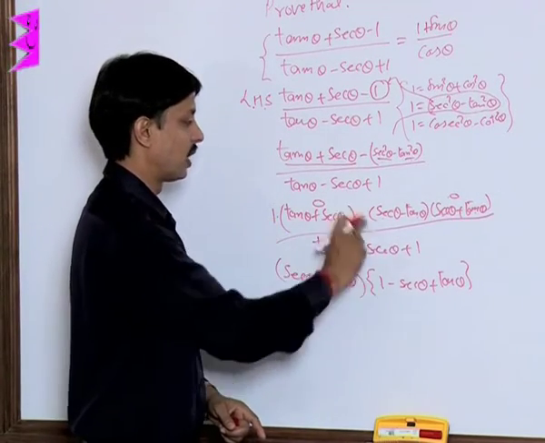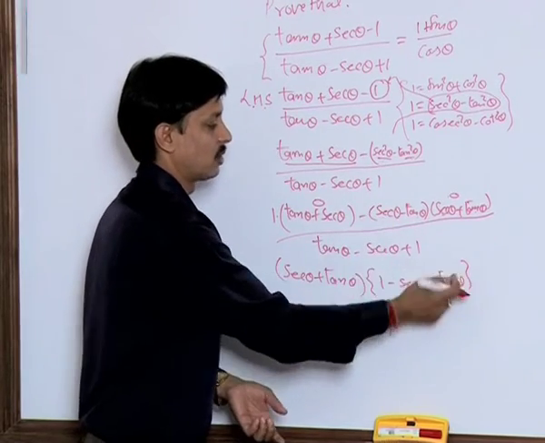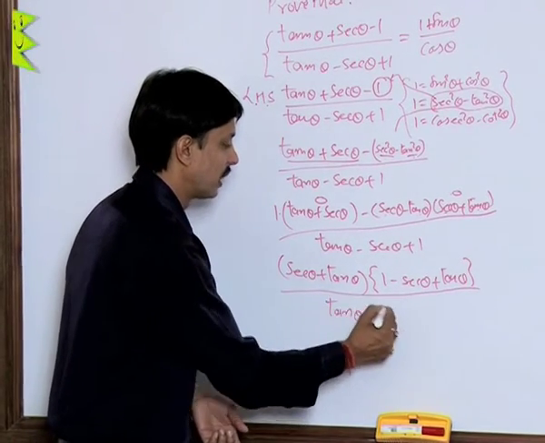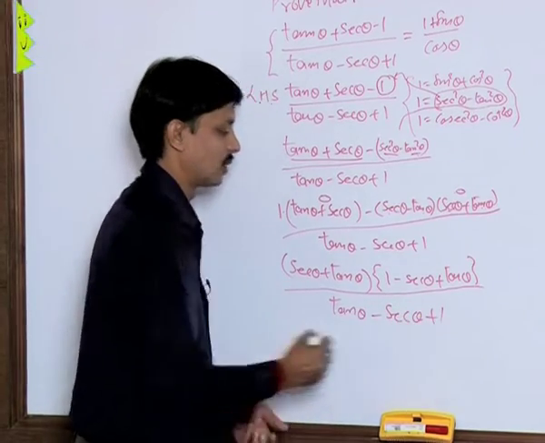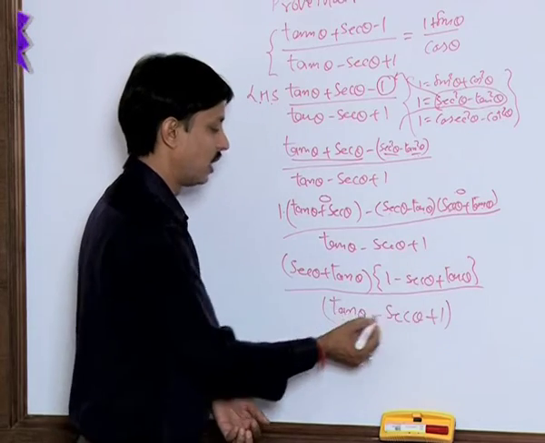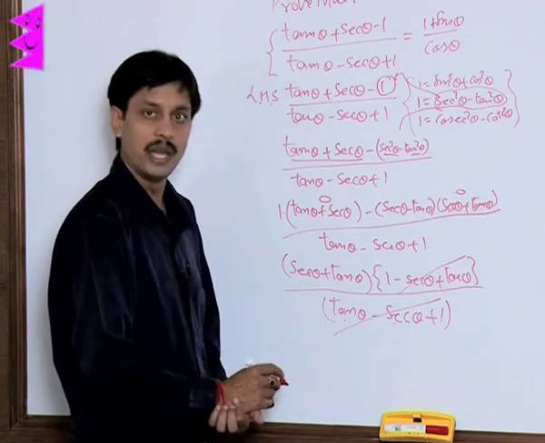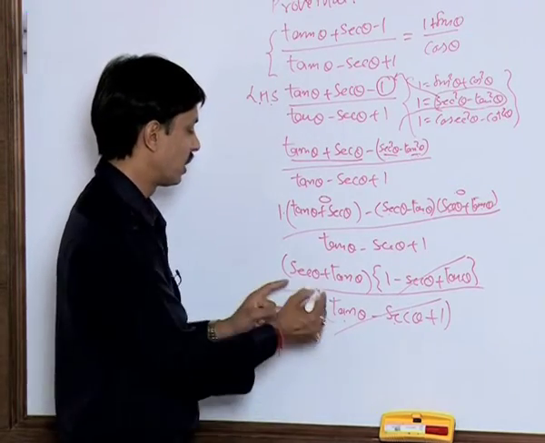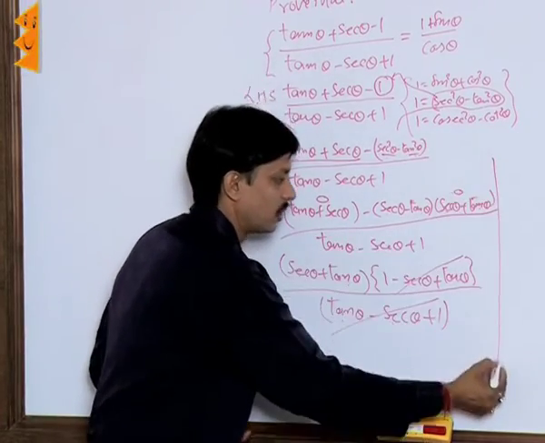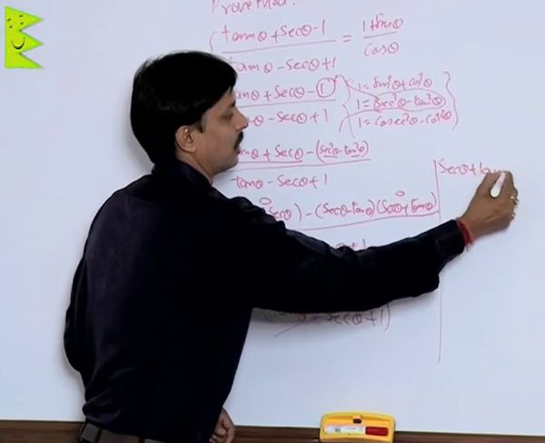So this is left as 1, and this is minus, the sign of this bracket changed, minus of sec theta plus tan theta, and it is divided by tan theta minus sec theta plus 1. We can observe here 1 minus sec theta plus tan theta, 1 minus sec theta plus tan theta is the same. So these two parts have been cancelled. We are left with what? Sec theta plus tan theta only. So we can take this part as sec theta plus tan theta.